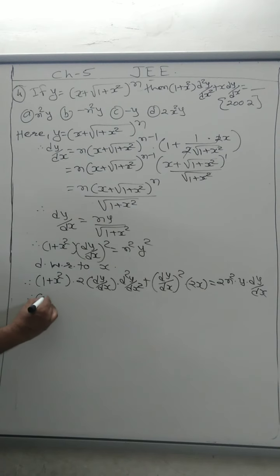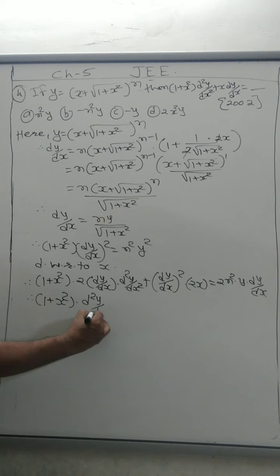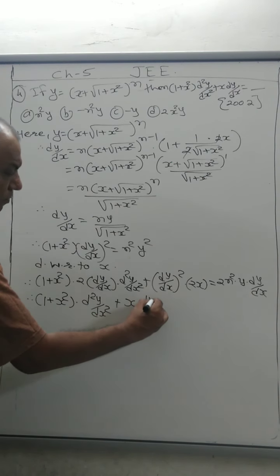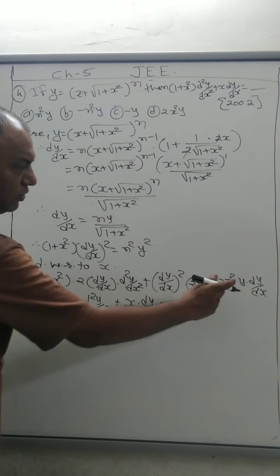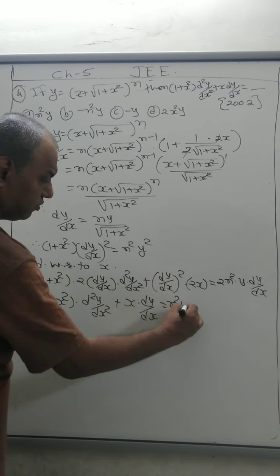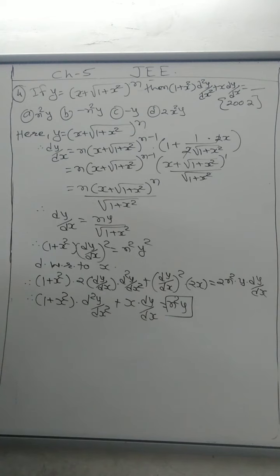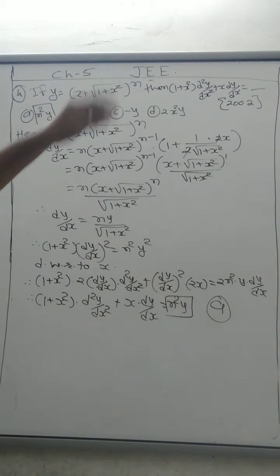So we have 1 plus x square into d square y upon dx square plus x into dy upon dx is equal to n square y. So our answer is n square y. This is an easy sum, but it is a 2002 question, therefore an important sum. Then we go for the next one.